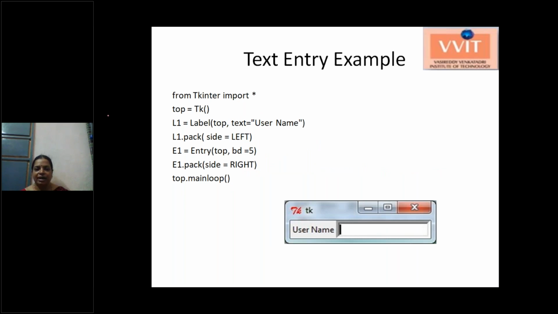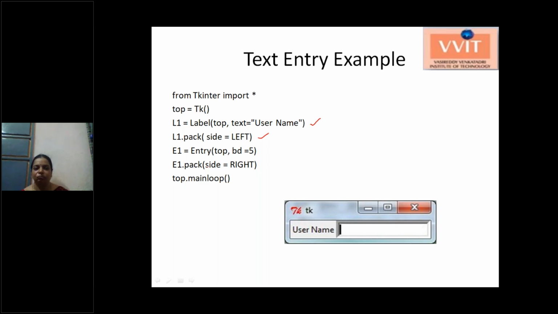Next, this is the example to show the text entry. Here we are creating one label control that is attached to the topmost window. Text is Username, and we pack that label control to the left side of the window. By default, it is packed at the center of the window, so we are moving it to the left.